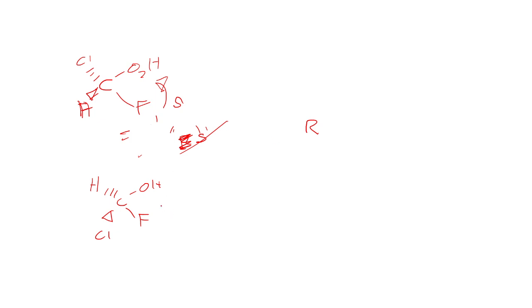Okay. So we can also do it alternatively, the same way I just taught you for those other things. Remember that anytime you swap two of these groups on a chiral carbon, you get the enantiomer. So if you swap the hydrogen to the back position and then put the chlorine in front, that gives you the enantiomer, right?